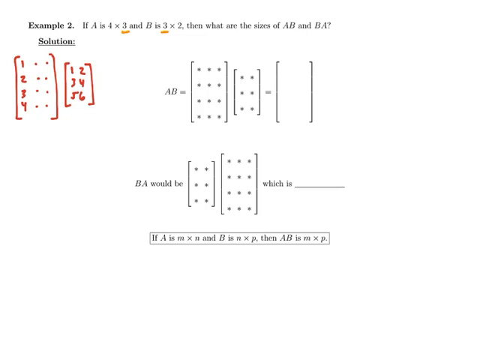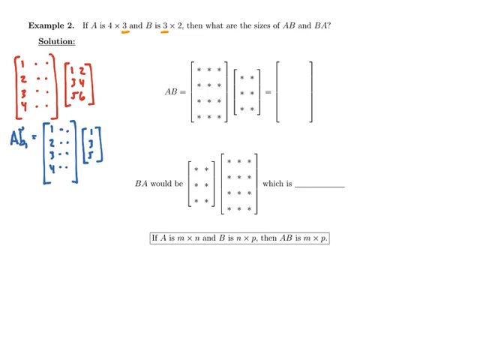If I'm talking about the first column of AB, that's going to be A times B1. That's going to be this entire matrix, 1, 2, 3, 4, times 1, 3, 5.